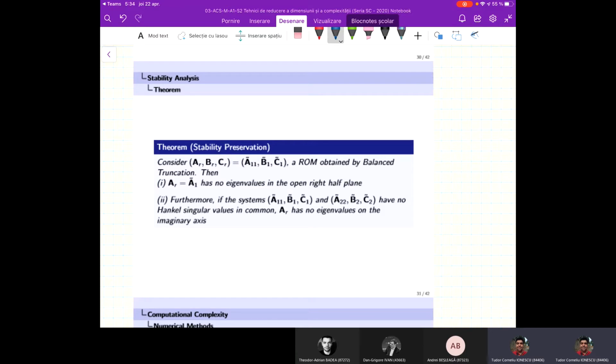All right, another crucial result, this is also something that is unique to balanced truncation, because the other methods, as you'll see, are not capable of doing this: the preservation of the stability. So if you do balanced truncation on a stable, original large-scale model, you end up with a stable approximation. And this is outstanding, if you ask me, okay?